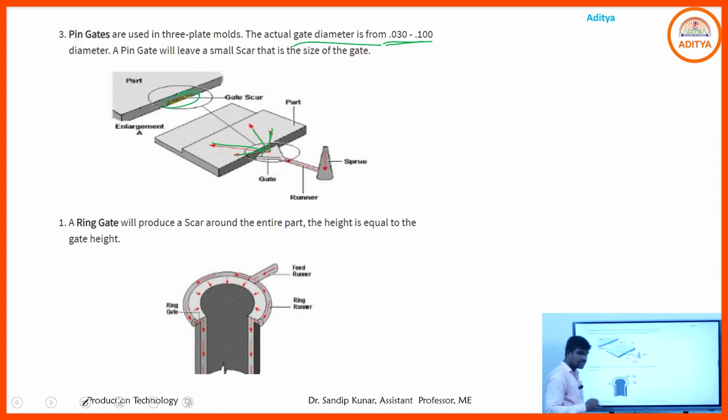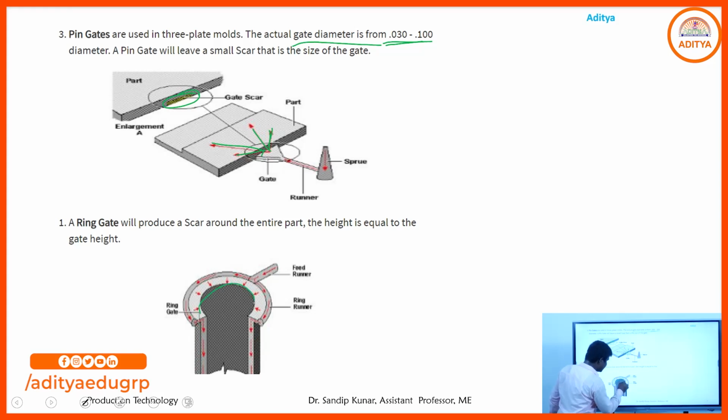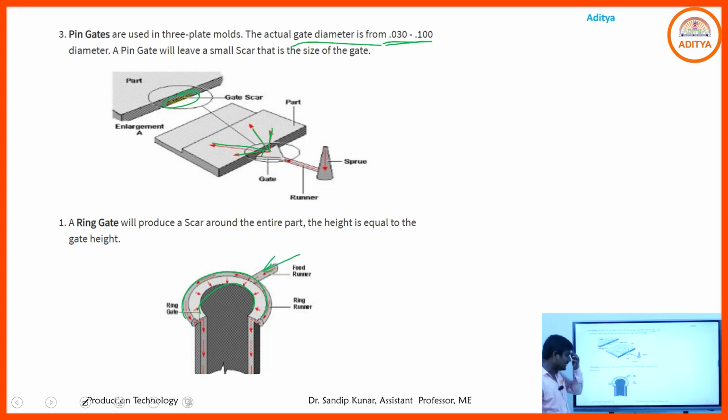Now the ring type gate means the shape of the gate is a ring. That is the feed runner, and through that runner the liquid metal will come to that particular ring type gate, which has its own cross sectional area.